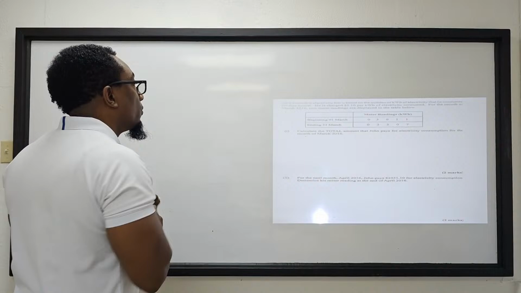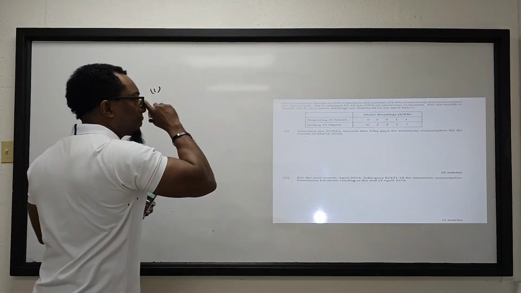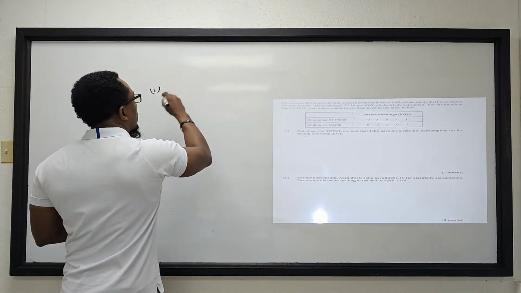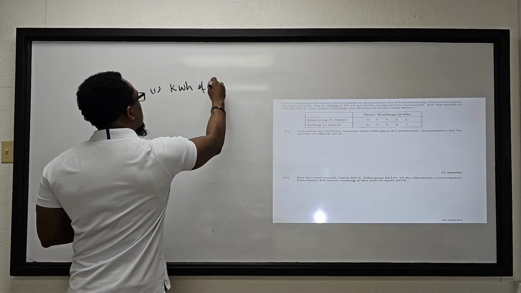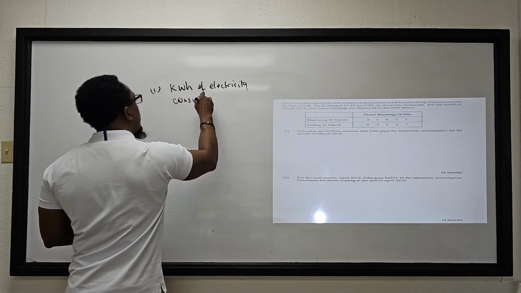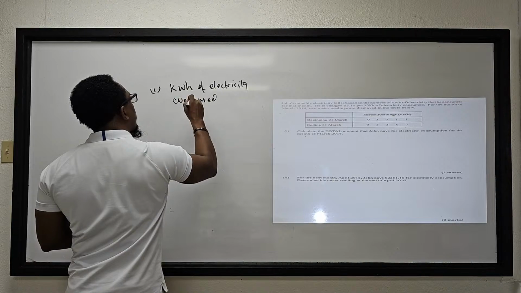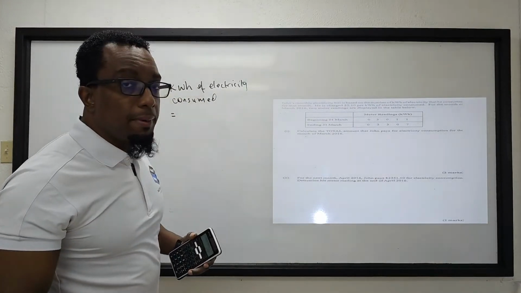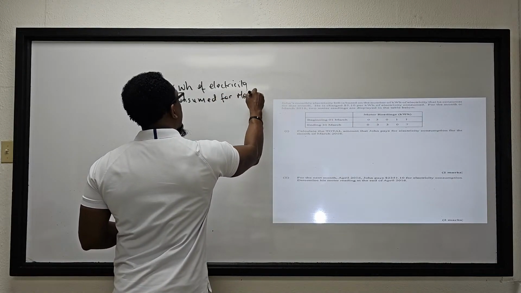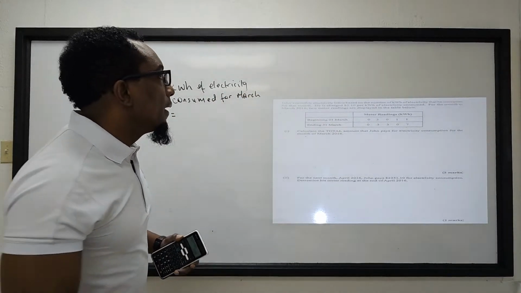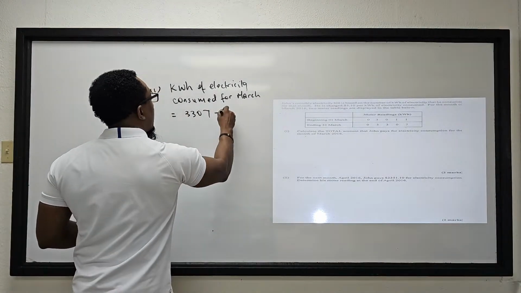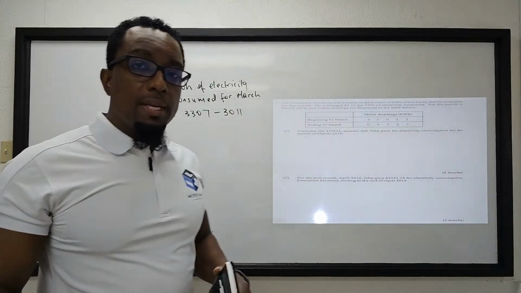So simply, part 1, the kilowatt hours of electricity consumed for the month of March will be equal to 3,307 kilowatt hours, and we're going to subtract from that 3,011 kilowatt hours.